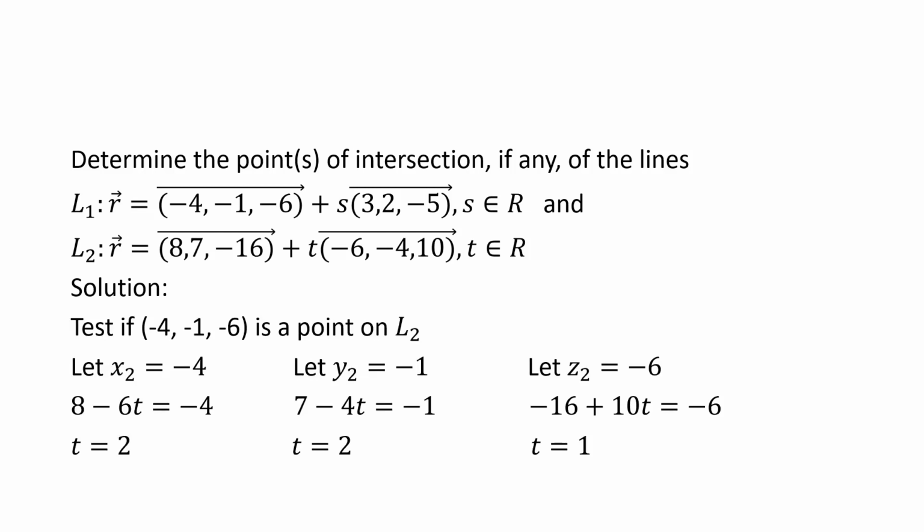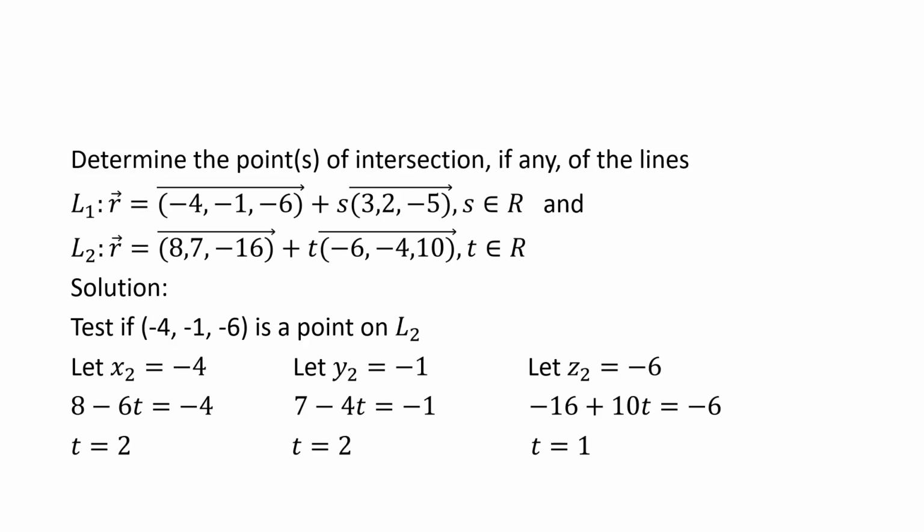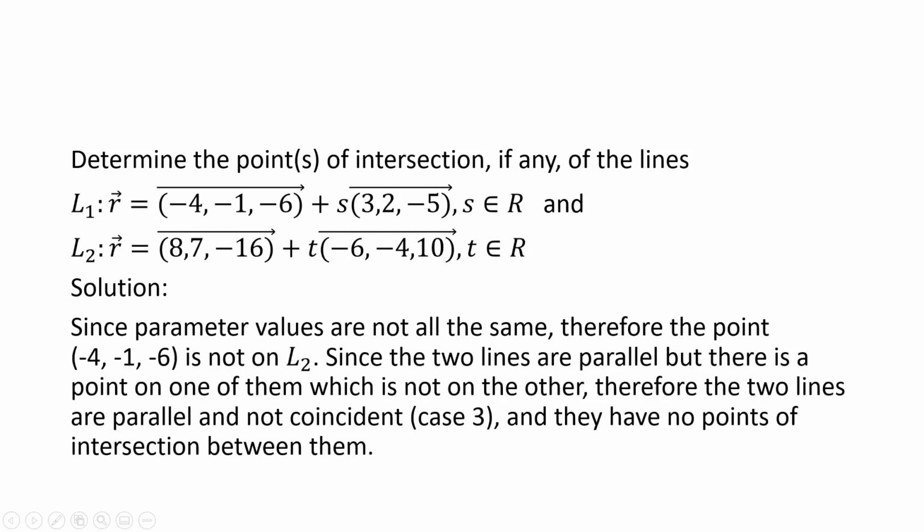Letting the parametric expression for x2 be -4 leads us to a t-value of 2. Letting the y-coordinate of line 2 be -1, we get a t-value of -2.